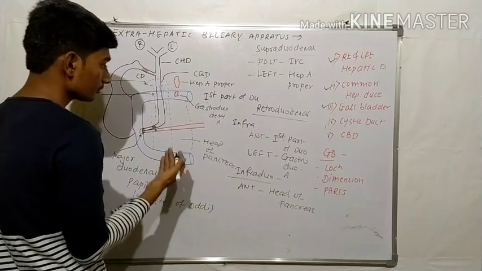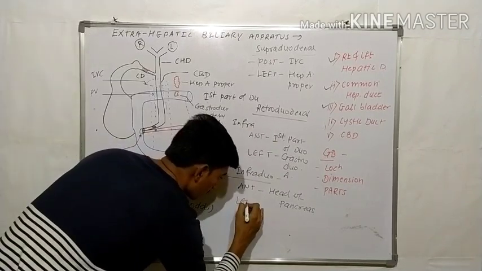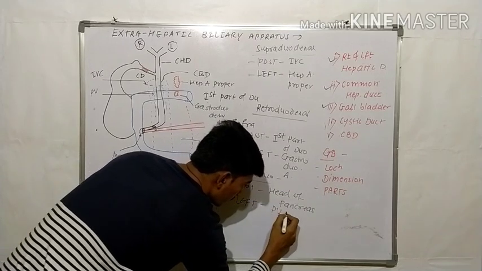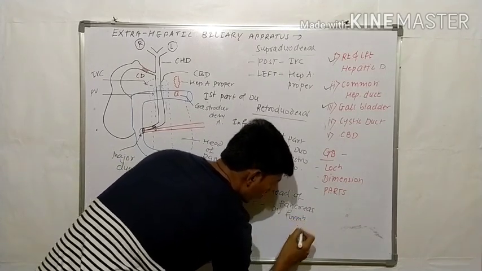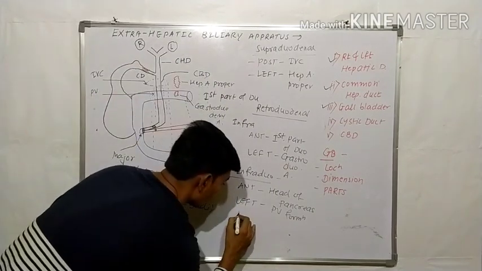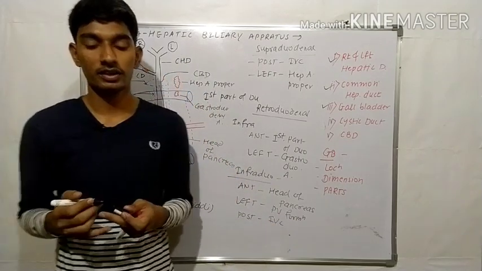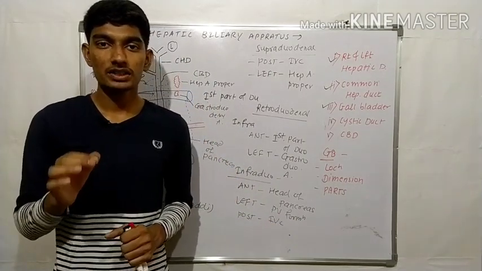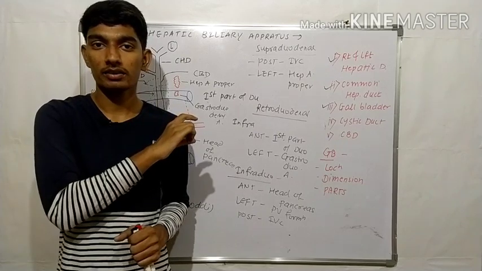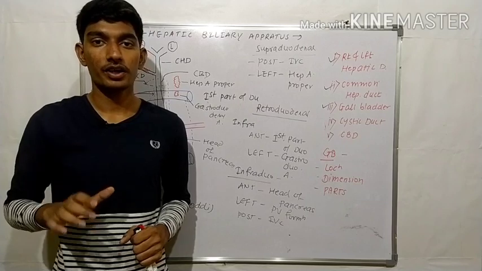On the left side there is the portal vein formation, and posteriorly the inferior vena cava. This is all about the relations of the common bile duct in the supraduodenal, retroduodenal, and infraduodenal parts.